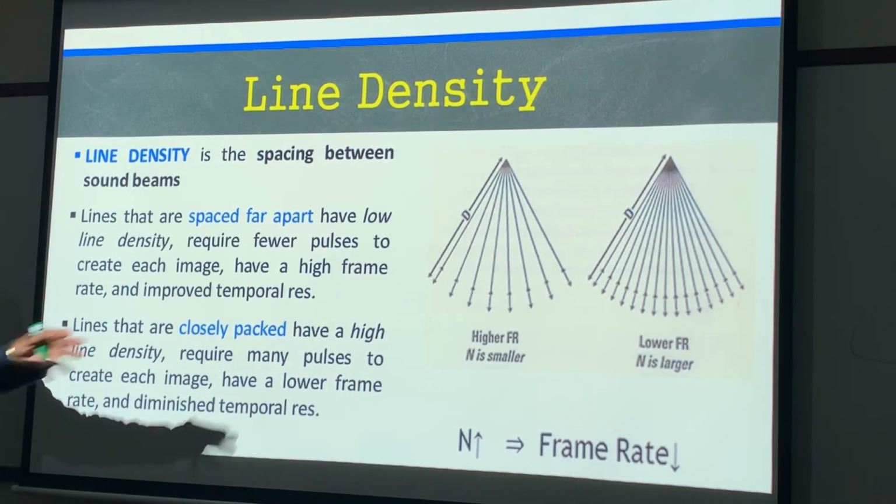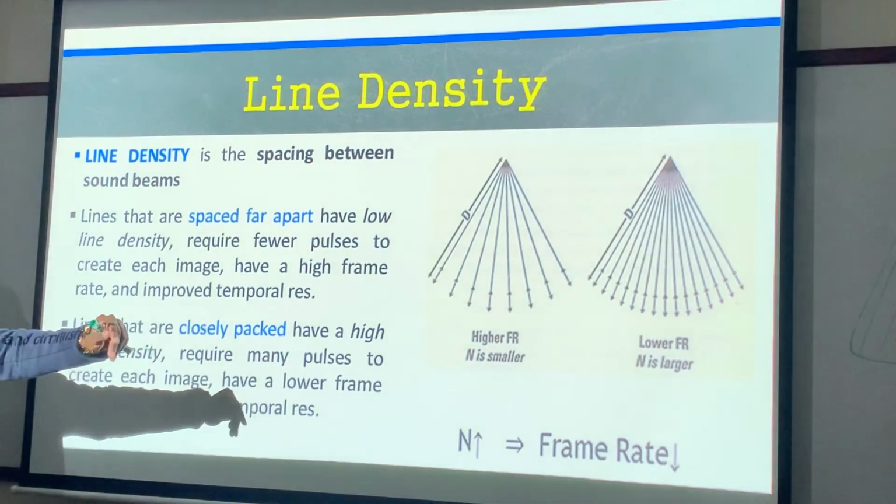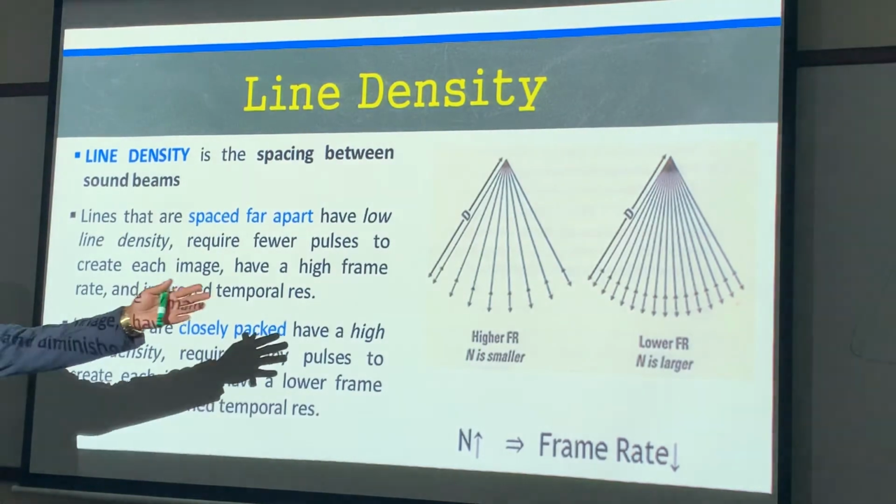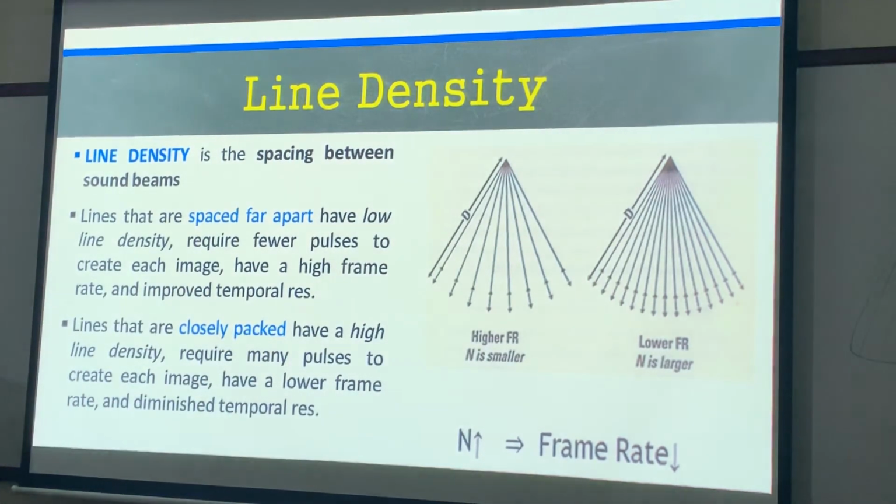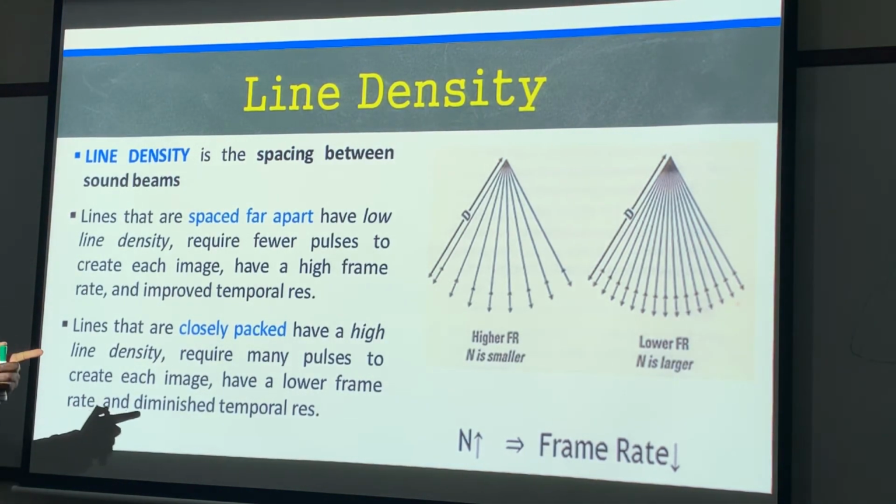But now when I have a much heavier amount of scan lines, I'm getting better image detail. But I'm also adding to the number of scan lines per image, and I'm going to decrease my temporal resolution. So line density is also inversely related to the frame rate.